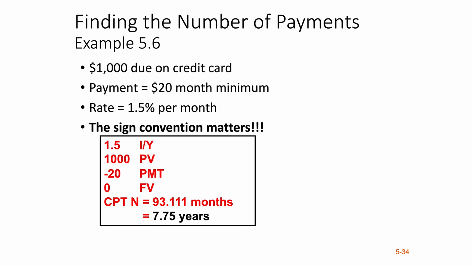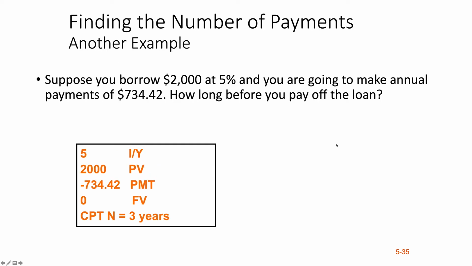Let's look at another example for payment. Suppose you borrow $2,000 at 5%, and you are going to make an annual payment of 734.42. How long before you pay off the loan? So what's the loan amount? The loan amount is $2,000. Interest rate 5%, annual payment.